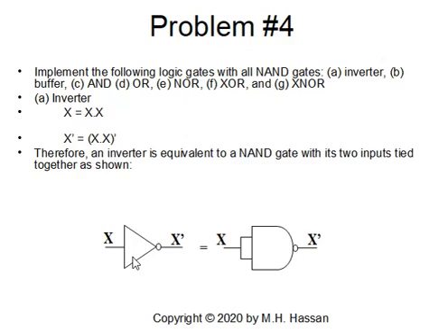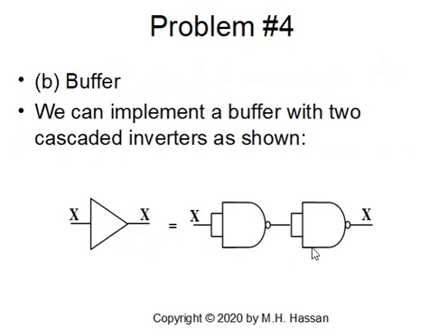So the symbol here for the inverter is an input x, the output x prime. To implement a buffer, if we complement the output of an inverter, it will be a buffer. So two cascaded NAND gates will be a buffer.